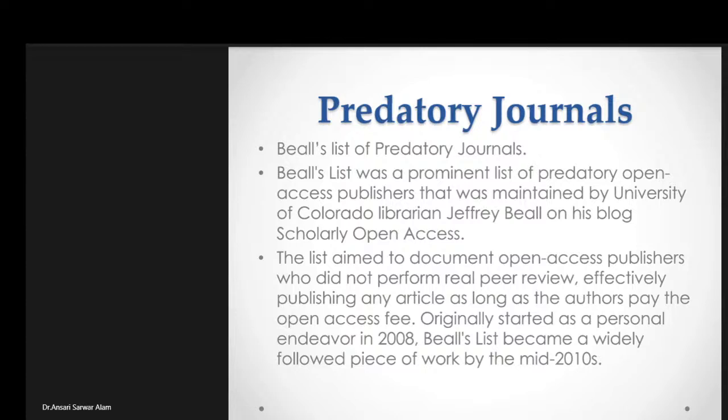So who is Beall basically? Beall's list was a prominent list of predatory open access publishers that was maintained by University of Colorado librarian Jeffrey Beall on his blog Scholarly Open Access. So this work, the list of predatory journals, had been done by a librarian.